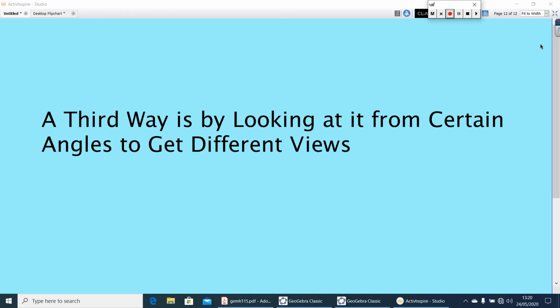The third and the last way of observing a 3D shape is looking at the object from certain angles to get different views. So from different angles you can look at an object, then you will get different shapes. Let us check it.